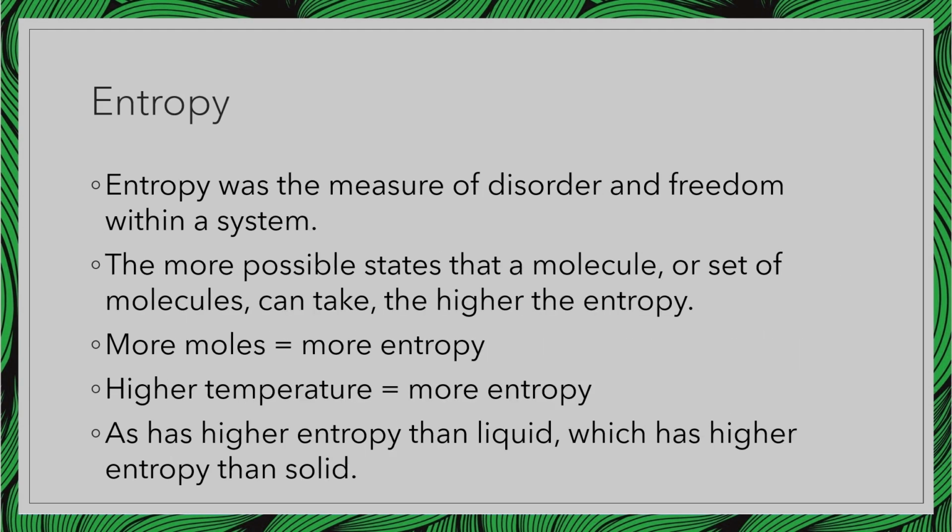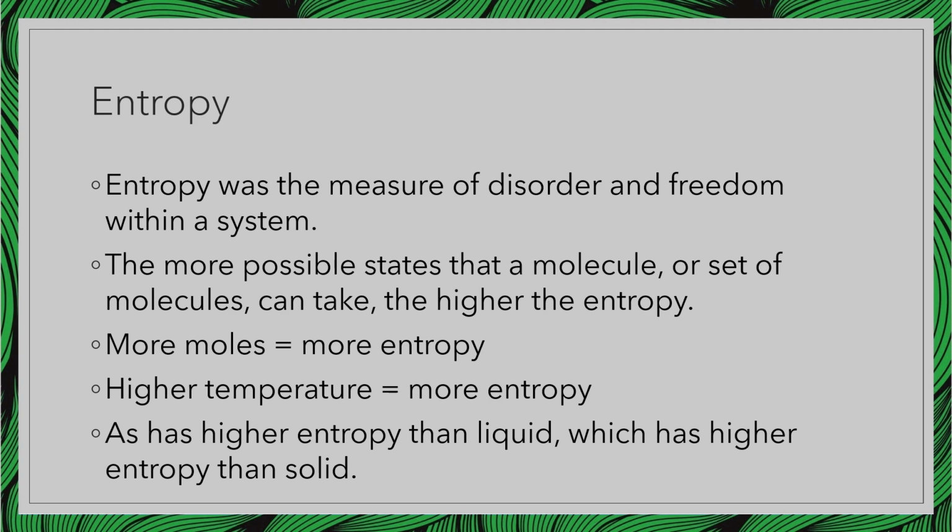Entropy. Now, entropy is a bit of a weird one. The best way to describe it to you guys, it's the measure of disorder or freedom within a system. Basically, the more possible states that a molecule or a set of molecules can take, the higher the entropy. If we look at our reaction equation, the side that produces more moles has more entropy.